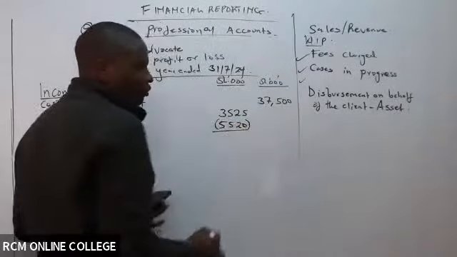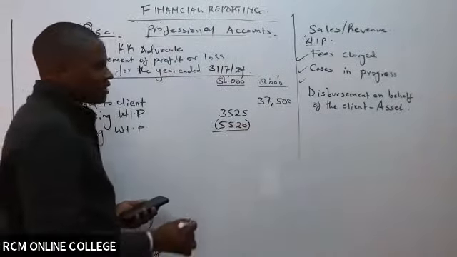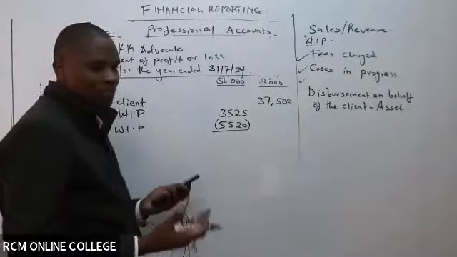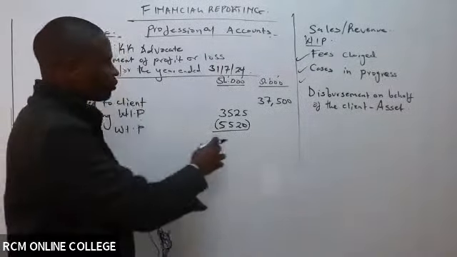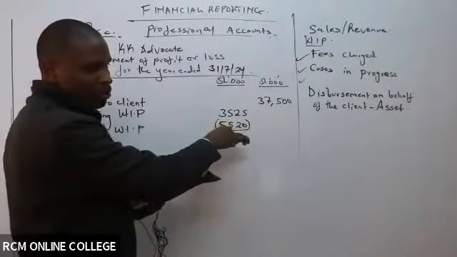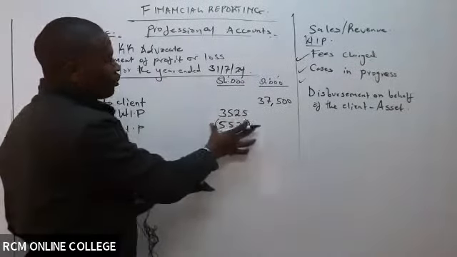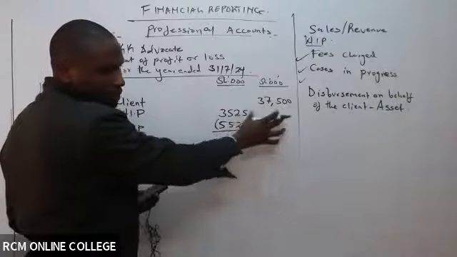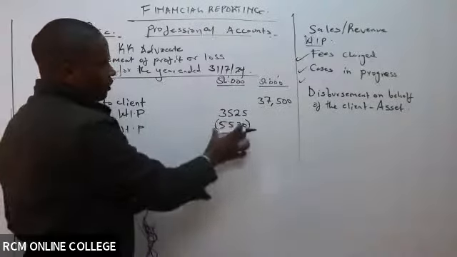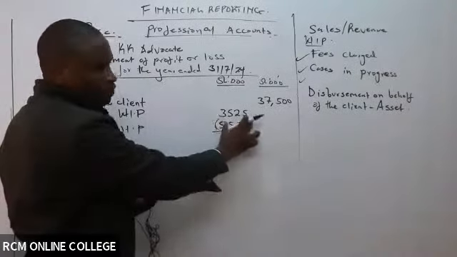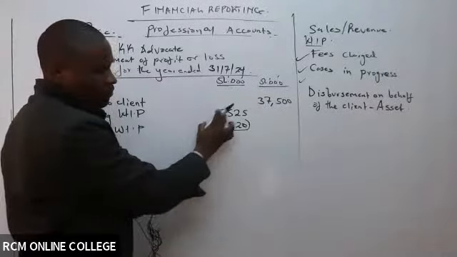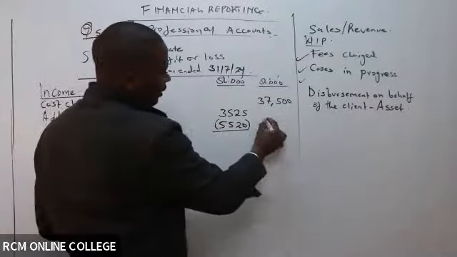Sometimes during the exam, when you are in that room, pressure is very high, so you tend to forget and you add them, which is wrong. So can you give me this? Plus 3525 minus 5520. I know it will be a minus.